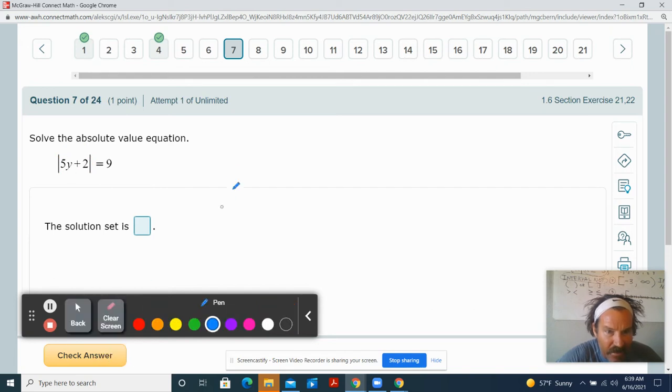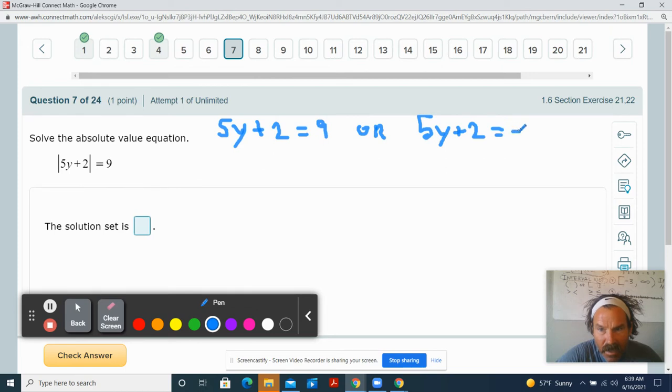So let me write that down. 5y plus 2 without the absolute value sign is got to equal 9. Okay, or 5y plus 2 is got to equal negative 9, because we know the absolute value of negative 9 is also equal to 9.